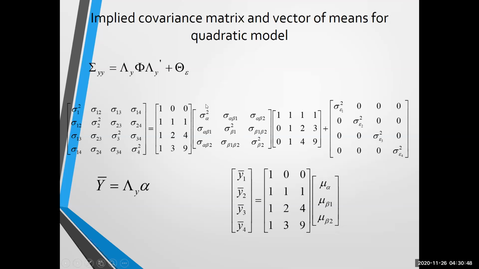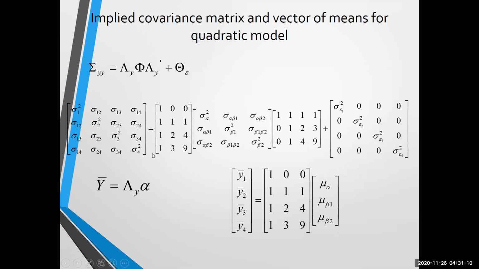We are interested in estimating the covariance matrix for the factors. Here on the diagonal we have the variance of the intercept, the variance of the linear shape, and the variance of the quadratic shape, and then we have the covariances between them.